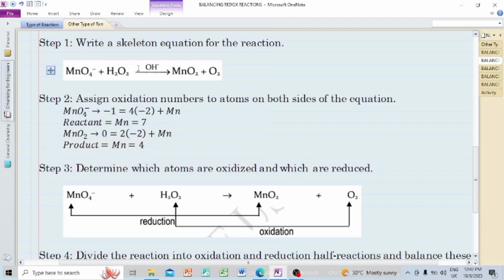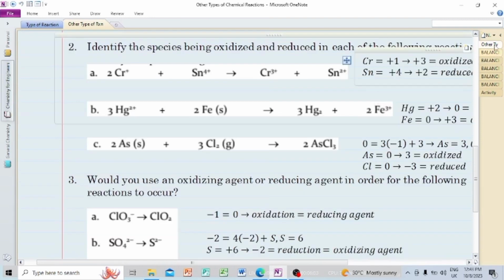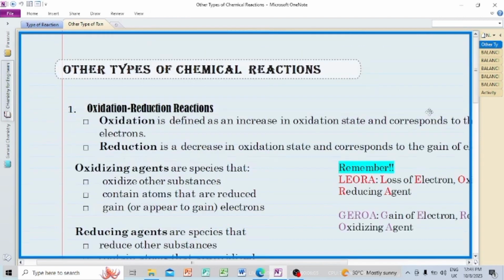So, let's have the hydrogen peroxide. For H2O2, since this is a neutral compound, the sum of the oxidation numbers is equal to 0.